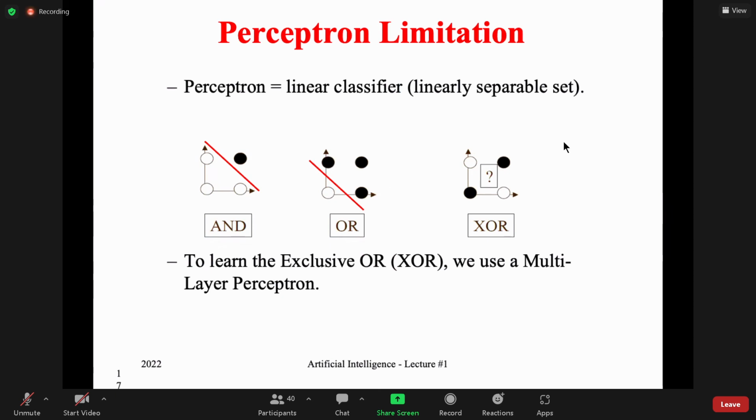But for the XOR function, you can see that it's not linear. So the solution for that is to use a multi-layer perceptron. And we will see that during the next lecture, which will be next Friday.